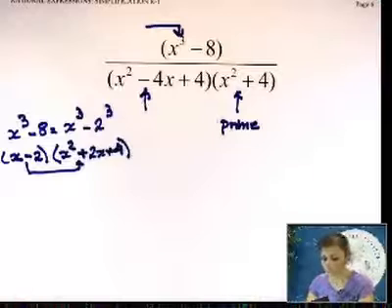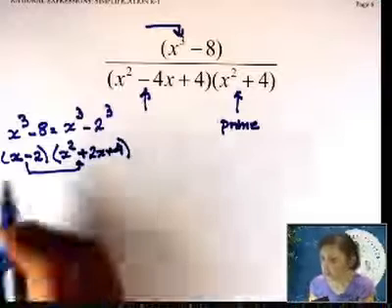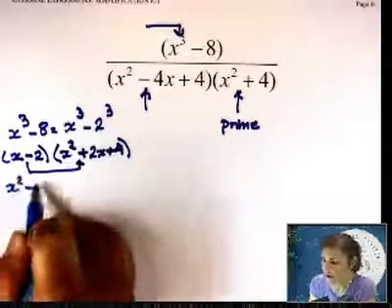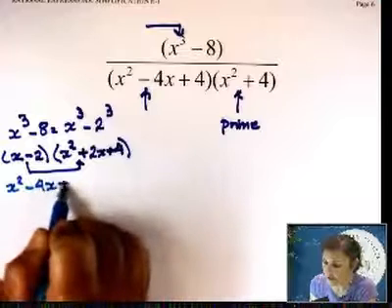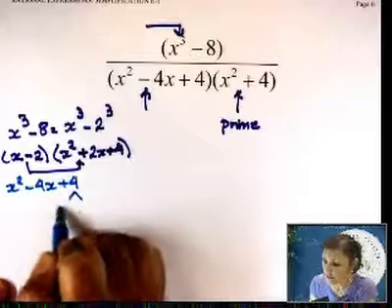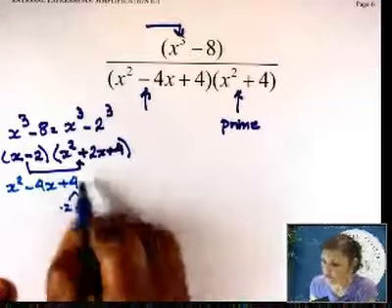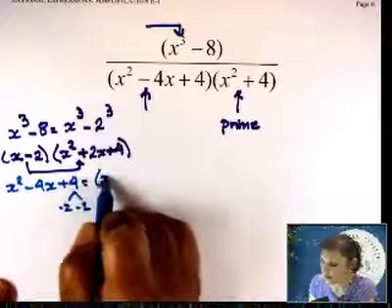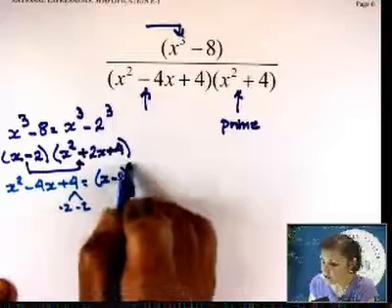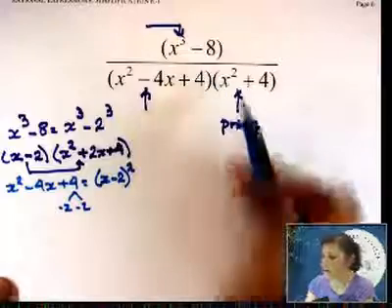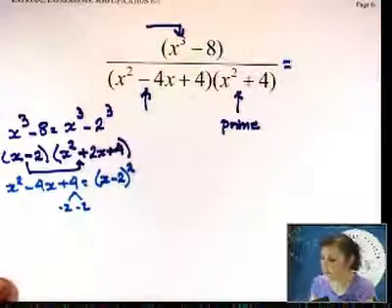Let's do this one. x squared minus 4x plus 4. This one is -2, -2. So in other words, that's going to factor out as x minus 2 squared. And this one is prime. Let's put it all together.